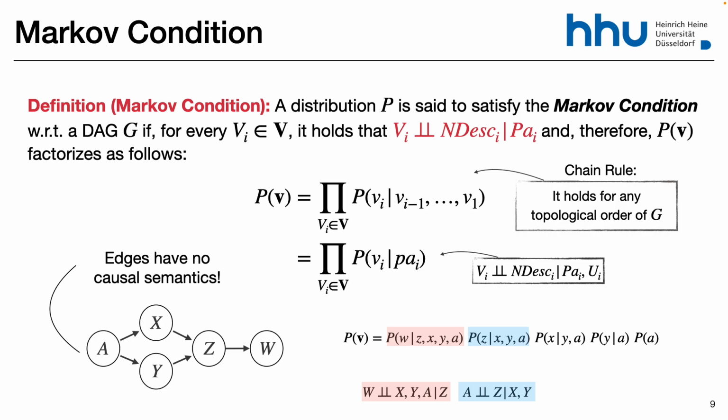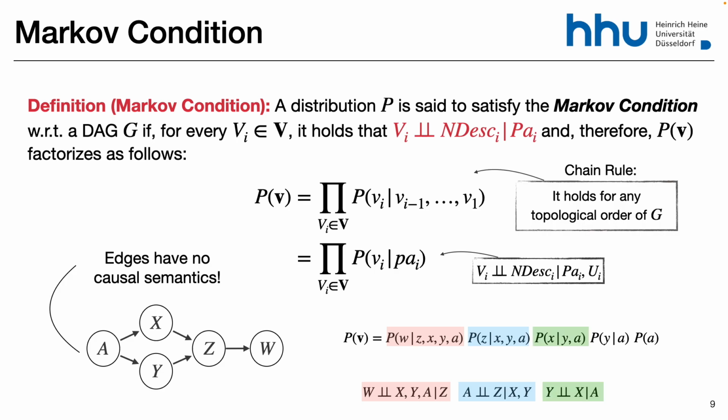The next one, can someone tell me what's going on? X is independent of Y because Y is not a parent. That's good, so X is only dependent on A. Yes, exactly. Y is a non-descendant of X, and X is going to be independent of this non-descendant given its parent, which is A.